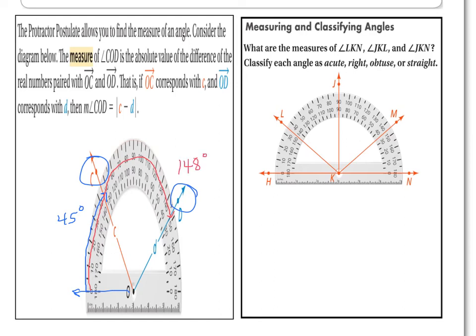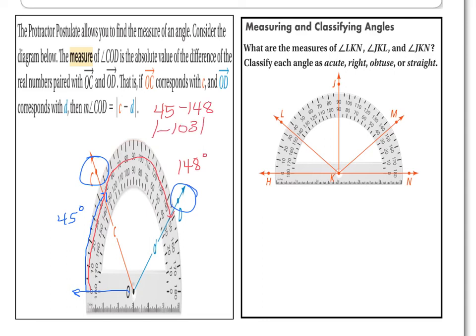Now, remember, distance cannot be negative. It's the same concept when you're using a protractor. So in this case, if I were to take C minus D, I'd take 45 minus 148, and that would be negative 103.